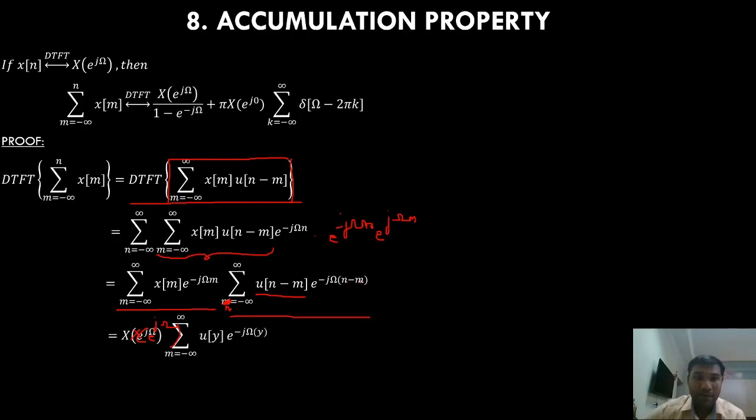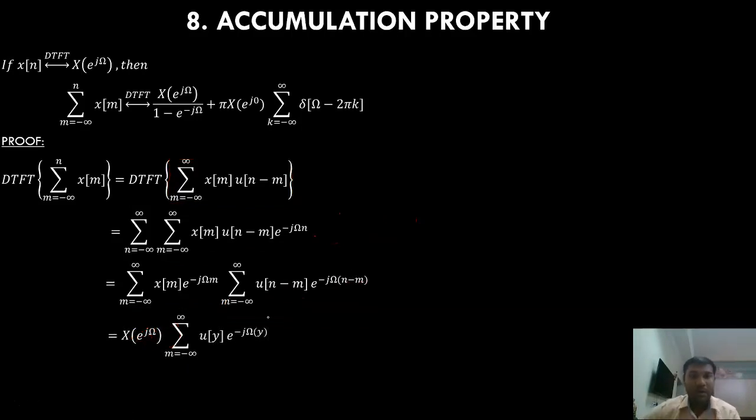So that I'll consider as n minus m is equal to y, and since I changed n to y, I should change the summation variable to y, right?